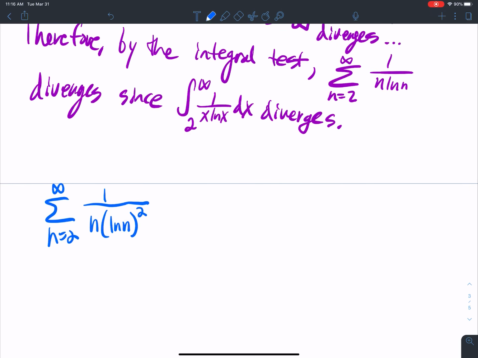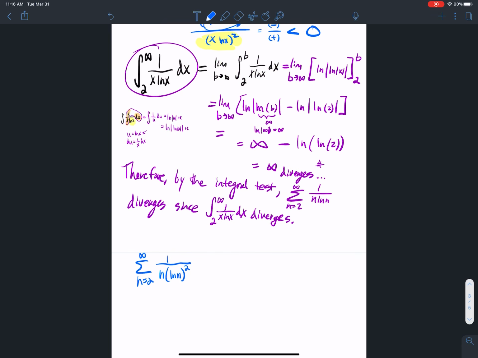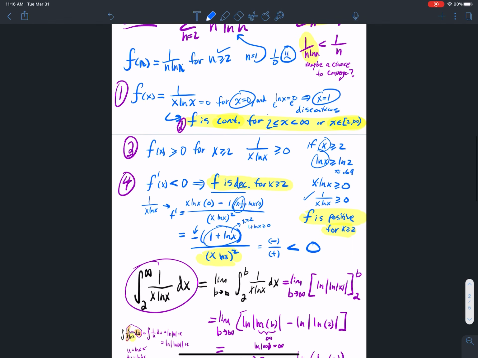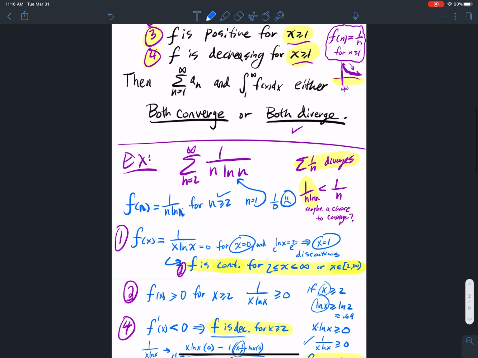So maybe this will help, maybe it won't. But we saw here, we talked about this, that 1 over x wasn't strong enough, it wasn't going down to 0 quickly enough. And then we thought, well, maybe if we added in an ln x, that would make it go down quickly enough. And it turned out that wasn't quick enough to make our series converge.